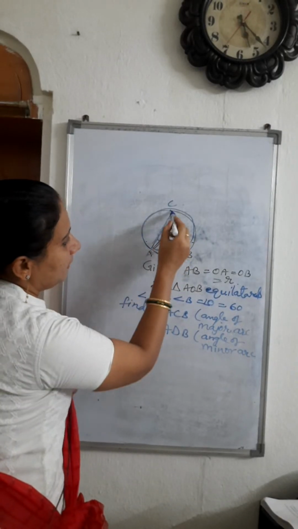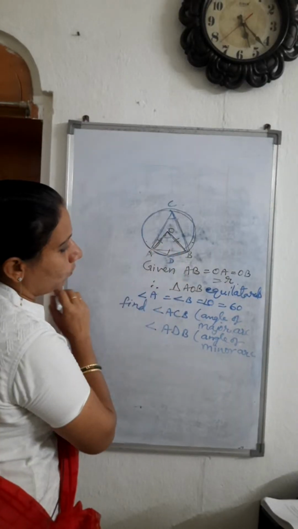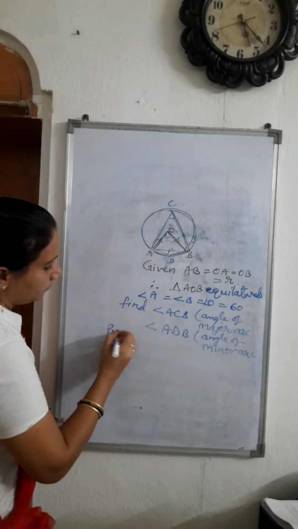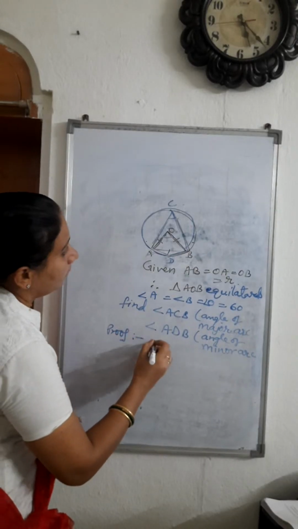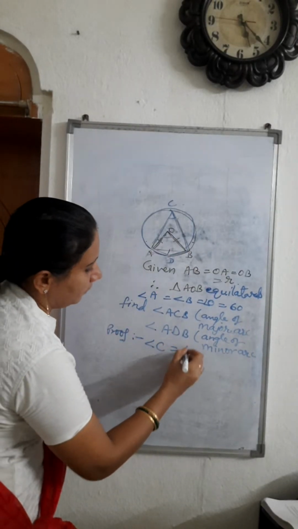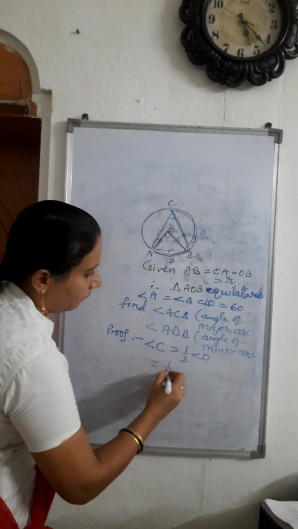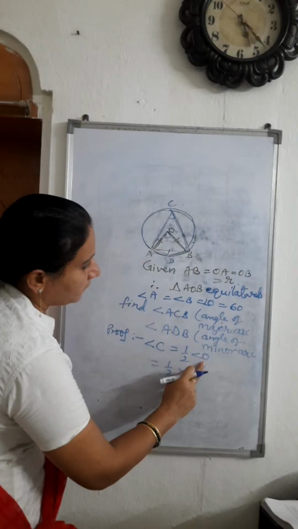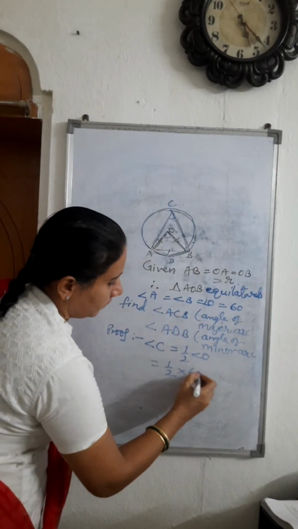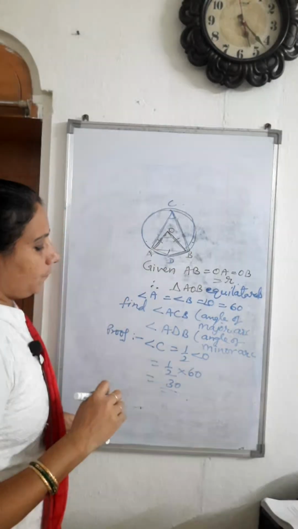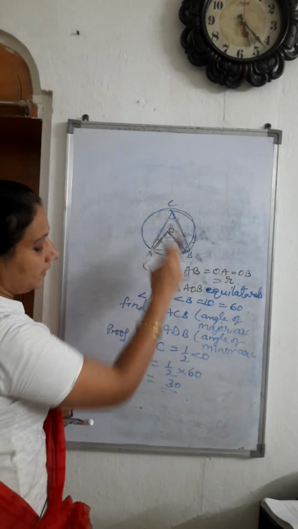So angle C will be half of angle O. Already we got angle O as 60. So in the proof part, angle C is equal to half of angle O, that is half of 60, so this will be 30. We got the value of angle C as 30.